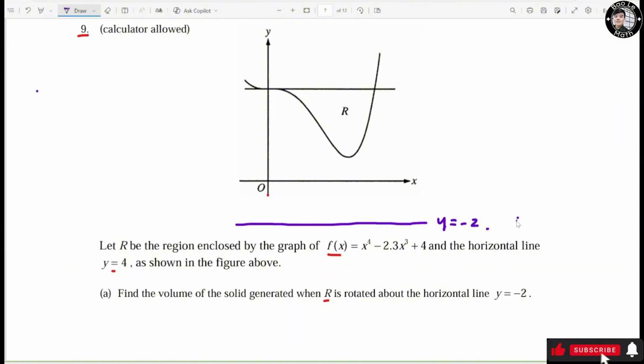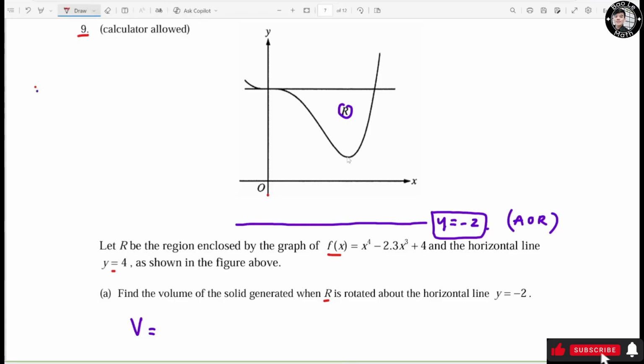So this one is the axis of revolution. When you rotate the region R about this line, we create a solid whose volume will be calculated using the washer method, because you have the hole.